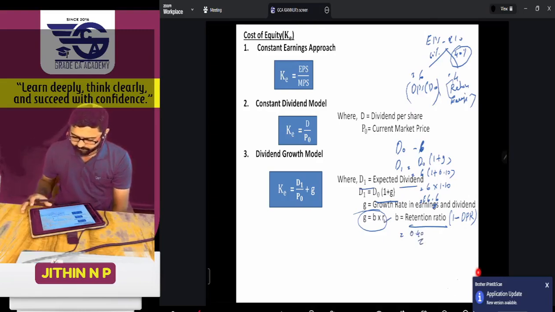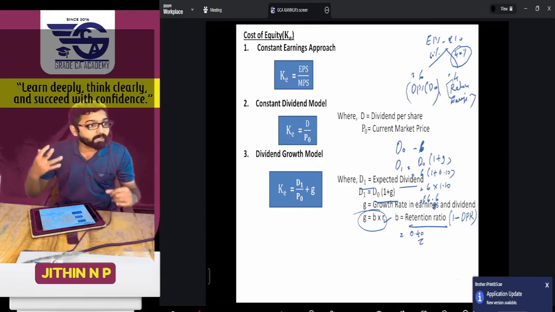What is R? R means return on equity. Suppose the company has a return of 20%.